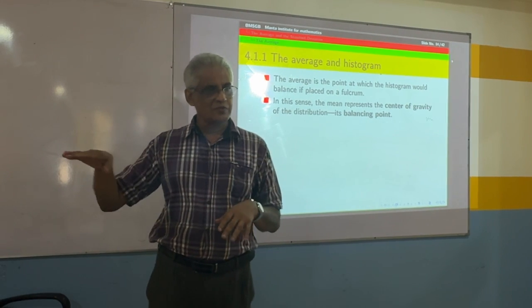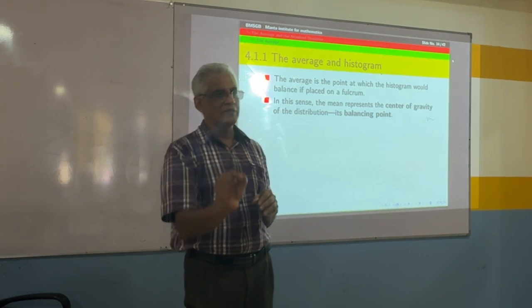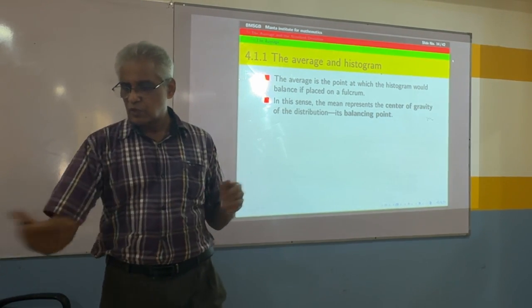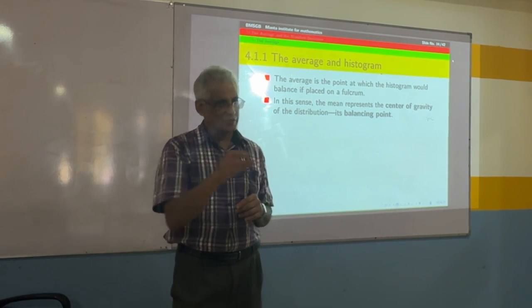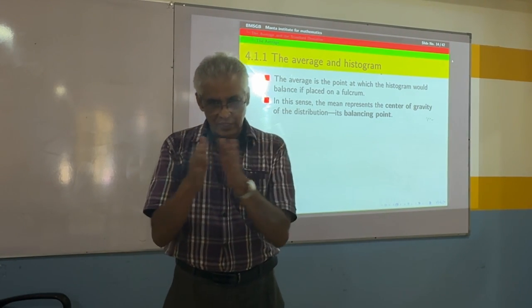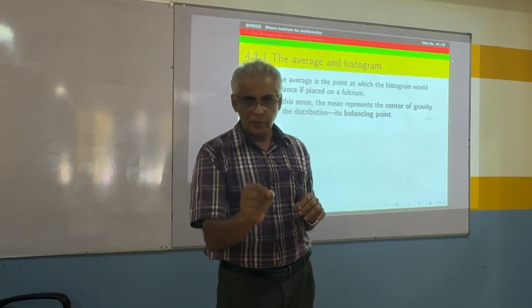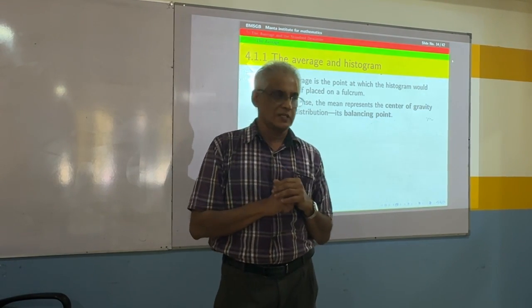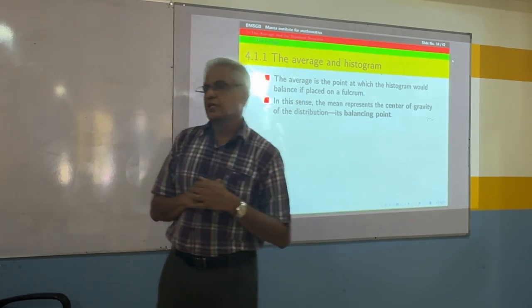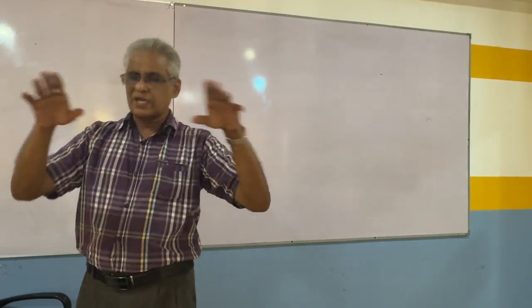If you put this histogram on something called a fulcrum, and move it from place to place until you get balance, that point will be the mean actually. We can show that it is balanced.